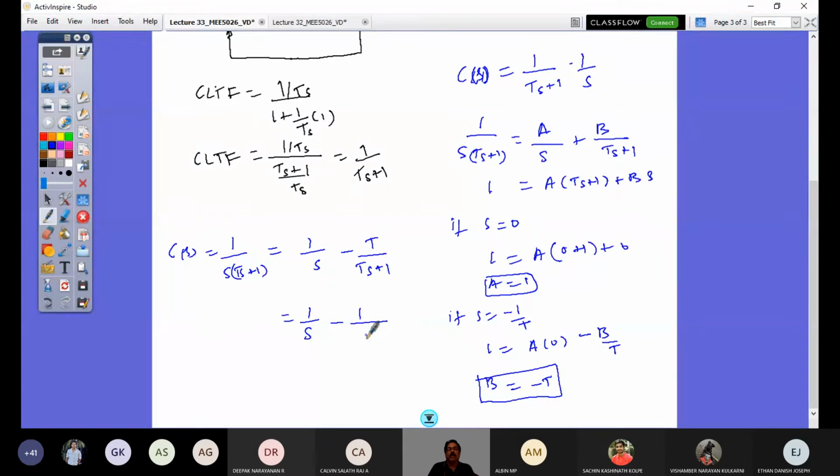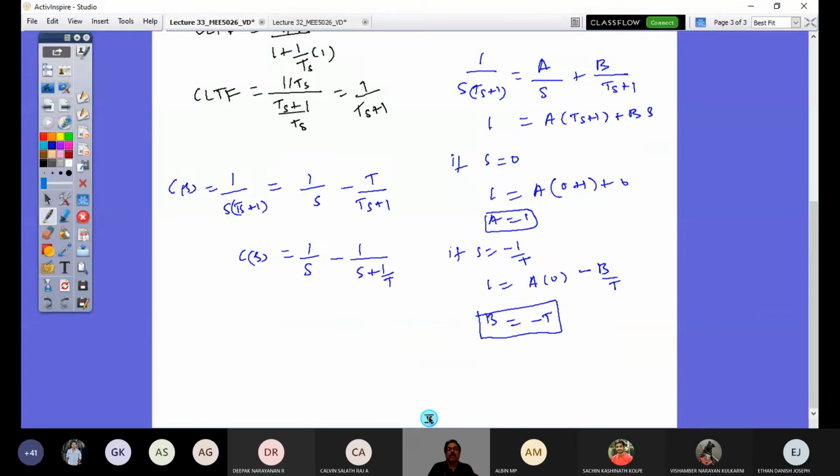If I have my output as a function of the Laplace variable, I can get the output as a time function by simply taking the inverse Laplace transform.